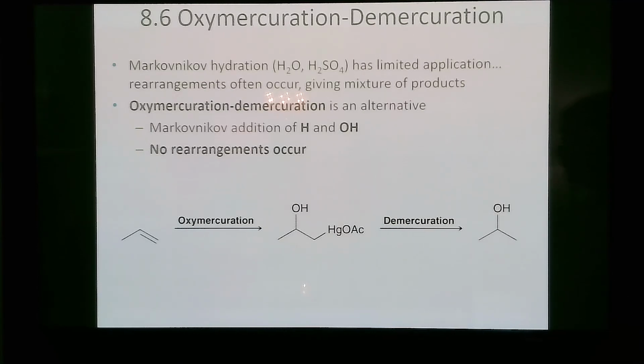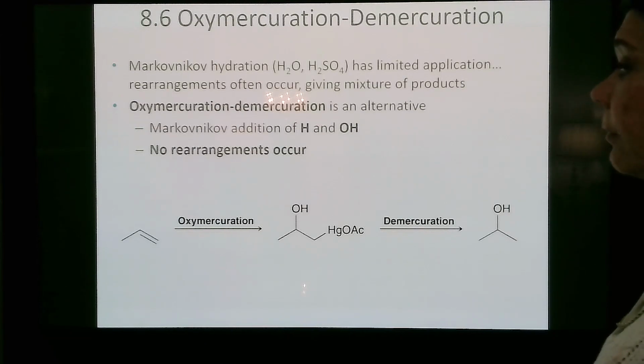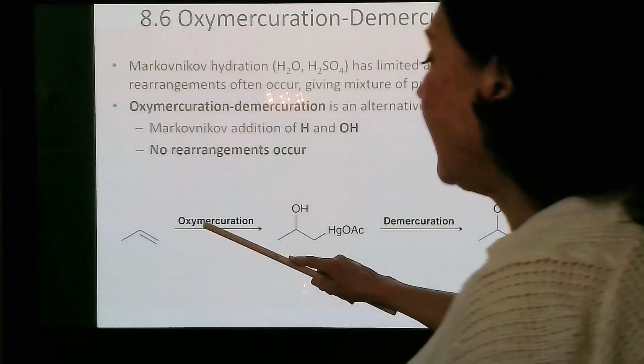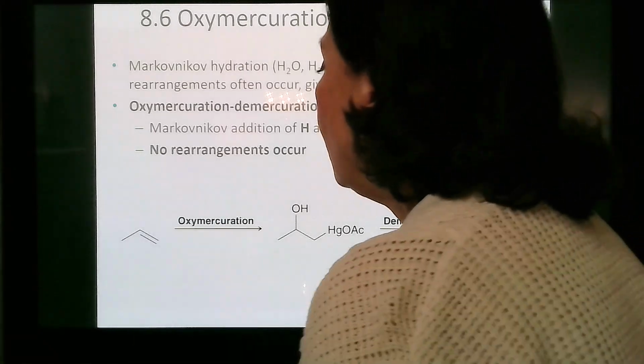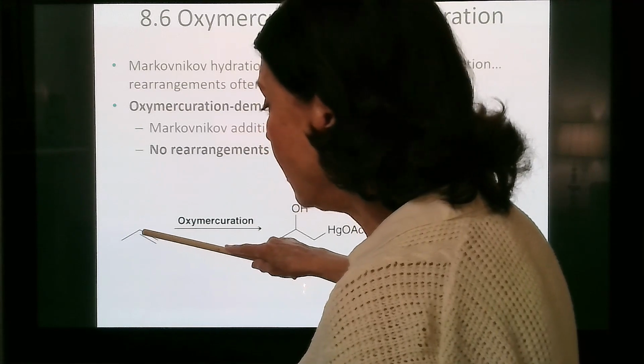And so the overall effect is that you're generating an alcohol. Now compare this to the acid-catalyzed hydration. With the acid-catalyzed hydration, you would first attach a proton to the double bond.